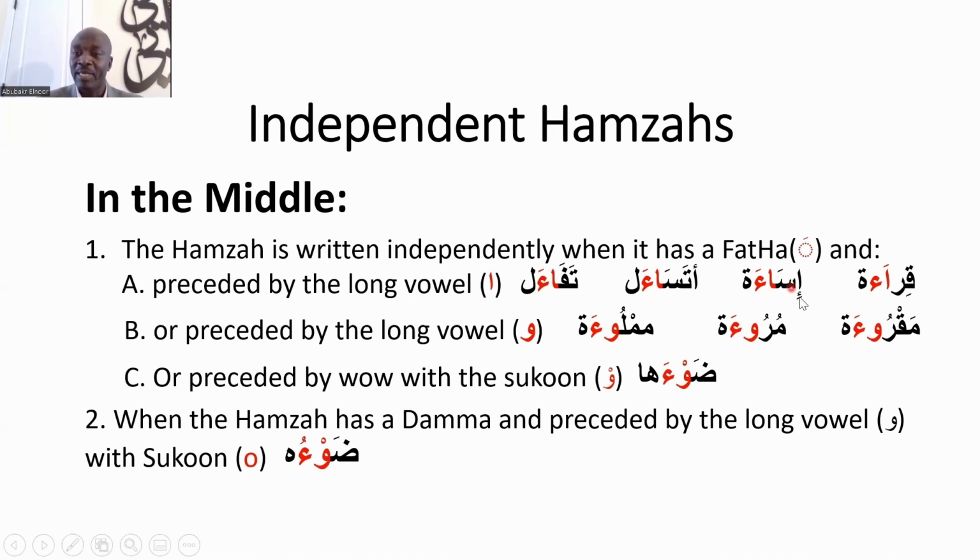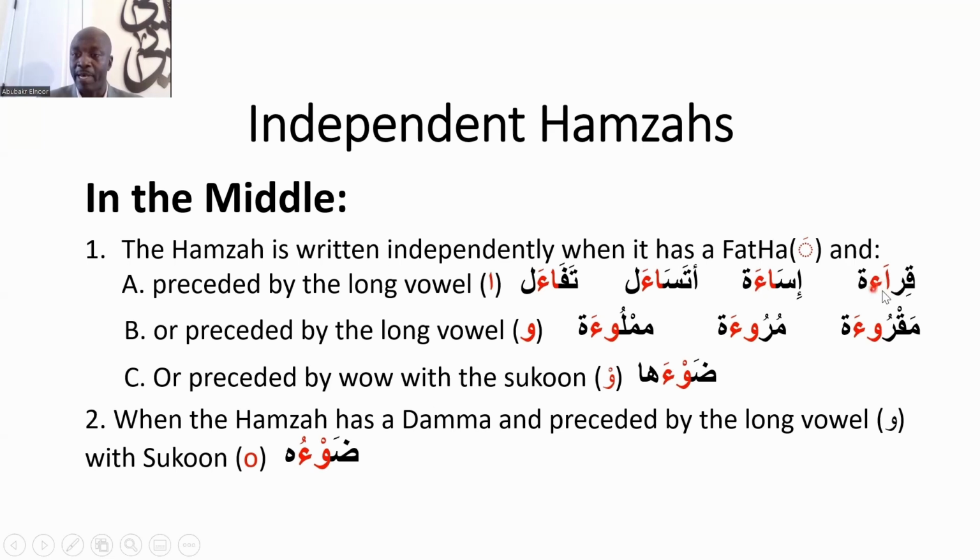Isa'a is defamation, when you talk badly about somebody. So the Hamza has the Fatha and is preceded by the long vowel Alif. That's why the Hamza is standing alone here with no seat.